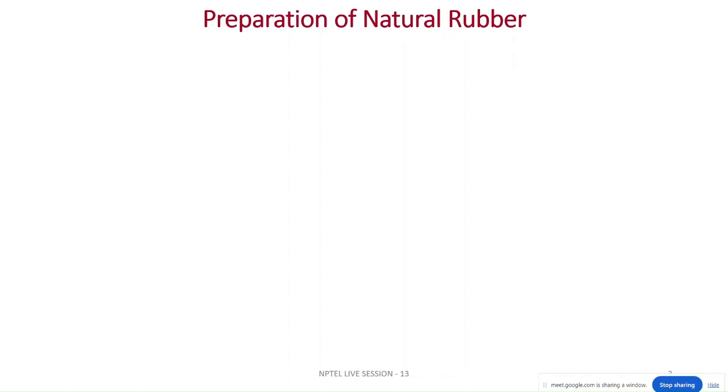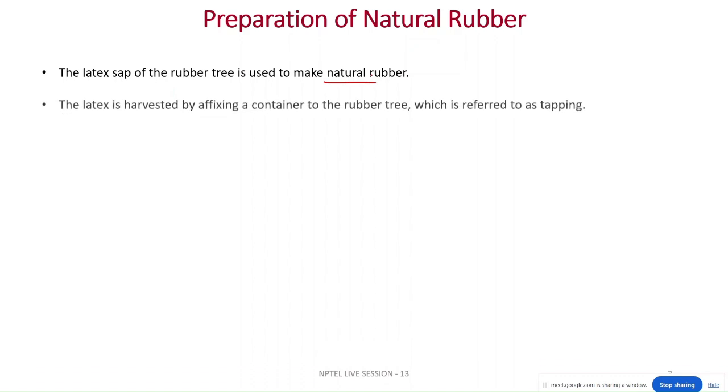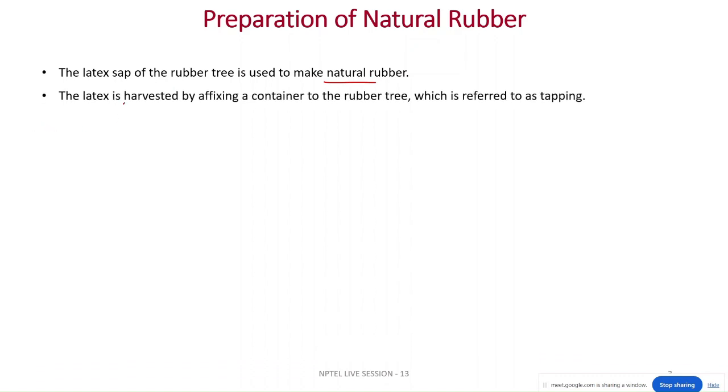So we are going to discuss the preparation method for producing natural rubber. The latex sap of the rubber tree is used to make natural rubber. The latex is harvested by affixing a container to the rubber tree, which is referred to as the tapping process.